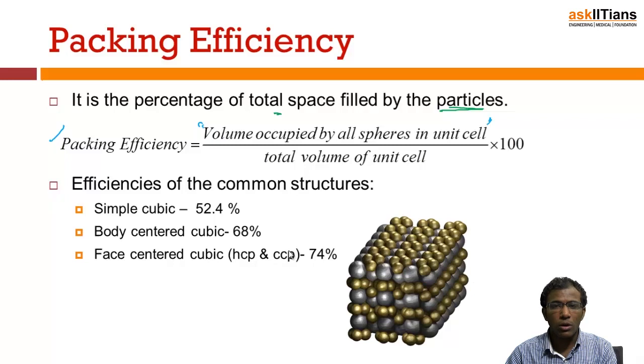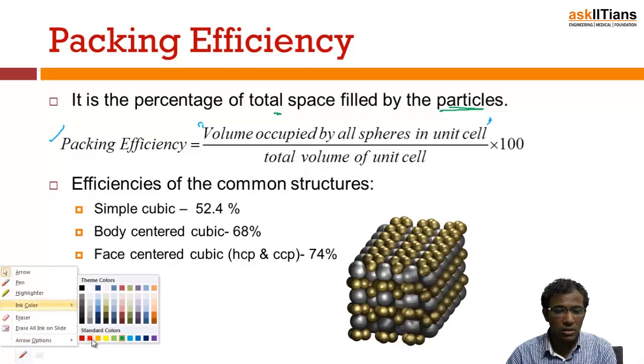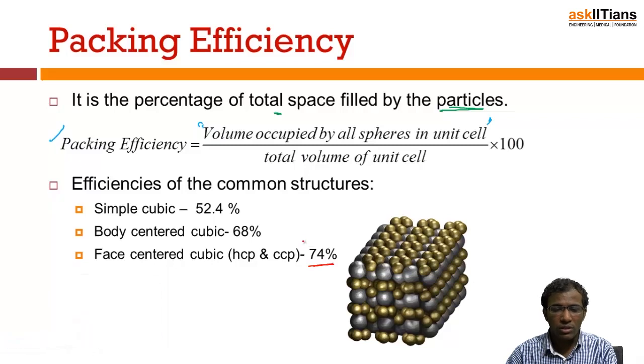These two structures have 74% packing efficiency, which is the highest. 74% of the space is occupied and the remaining 26% is vacant space. So simple cubic has the least packing efficiency, and FCC and HCP have the highest.